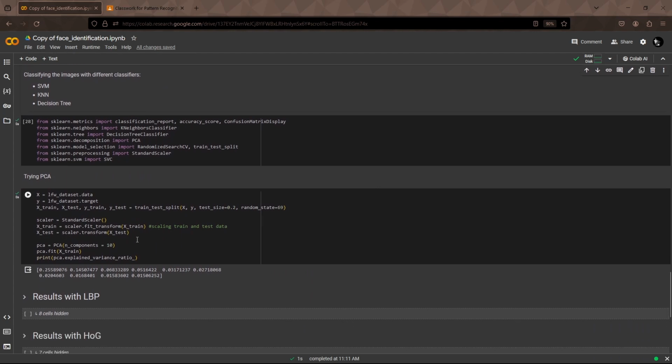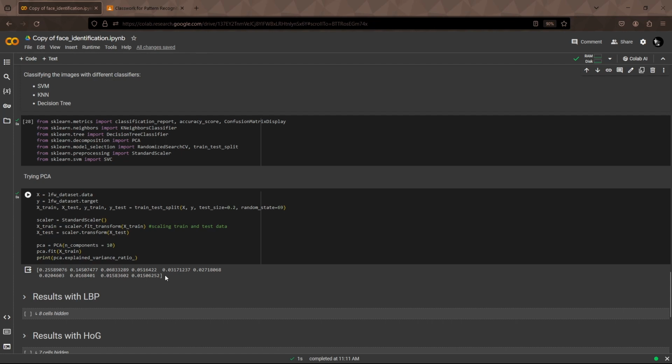We also tried implementing PCA. When we applied PCA on our X, as you can see, this is the explained variance ratio for the first 10 components. It's only 25% for the highest one, followed by 14%, then 6%, and it declines rapidly.